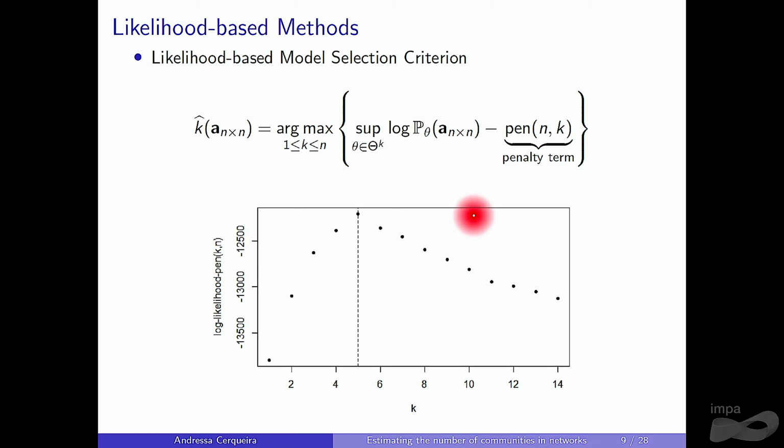When I add a penalty term that is a function that increases with k and also with n, that's the size of the network, if I choose the penalty term in a very good way, I will see that the k that's maximizing this new function is the correct k. So this gives us an intuition, okay, this is a good estimator. This is the estimator that I'm going to be looking for, right? Is that clear? Okay.